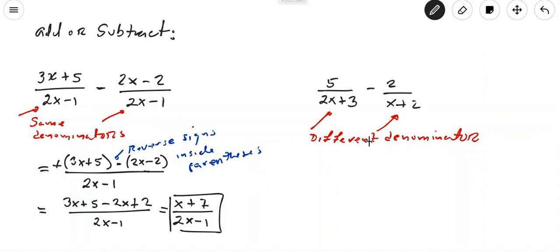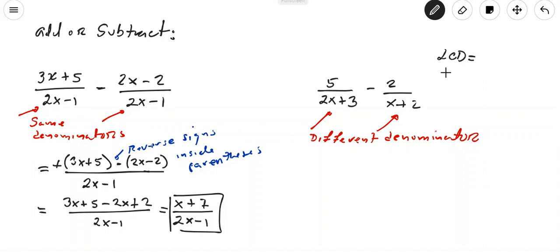Now let us look at the example with different denominators. When we have different denominators, the first step is to find the least common denominator. Remember that the least common denominator, when we are working with algebraic expressions, is the simplest expression that is divisible by all the denominators involved in the problem.